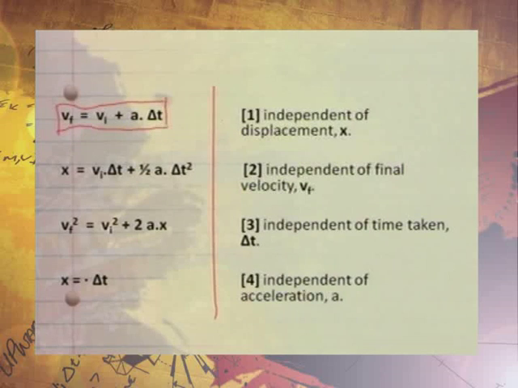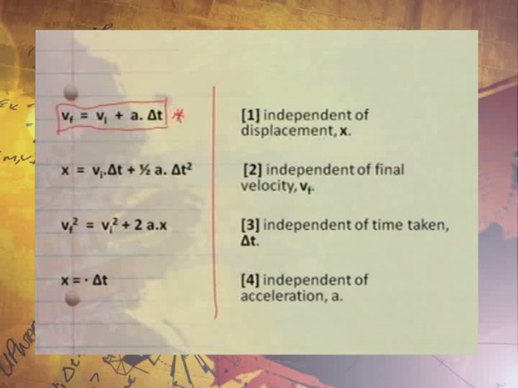Now, if I look at this first one, remember the quantities we spoke about? We spoke of displacement, velocity, time, and acceleration. And in terms of velocity, we're talking final and initial as well. So all those quantities, have them in mind all the time.